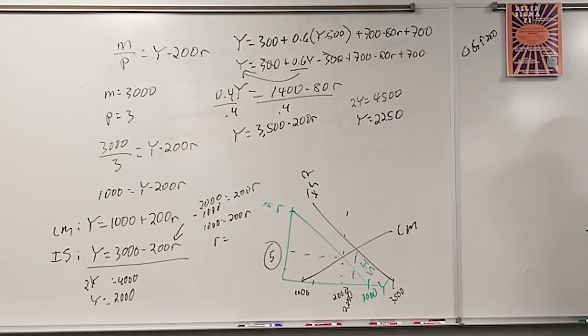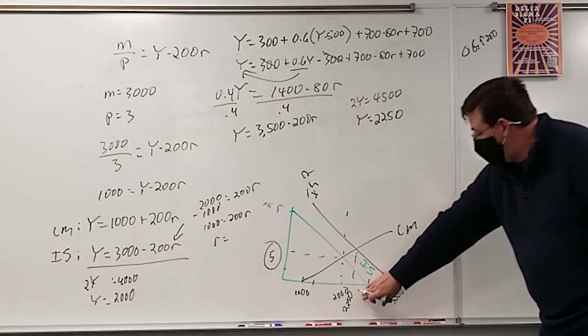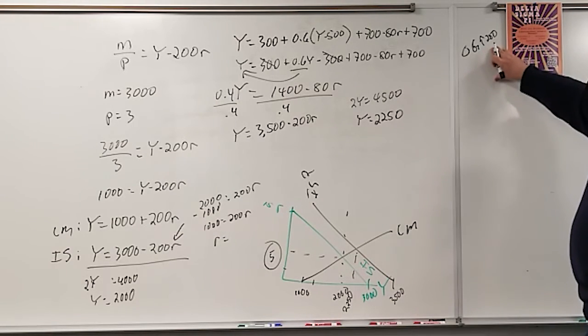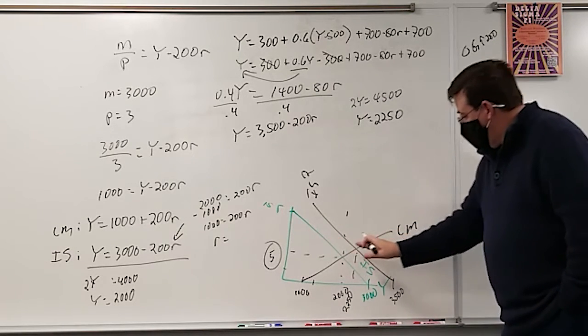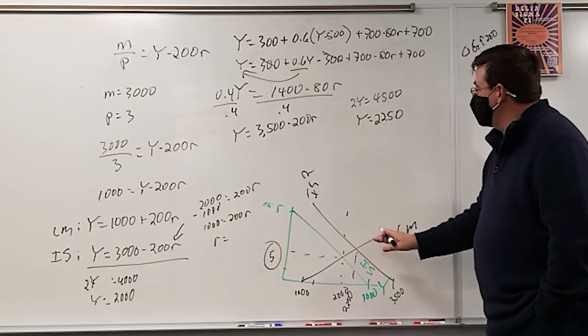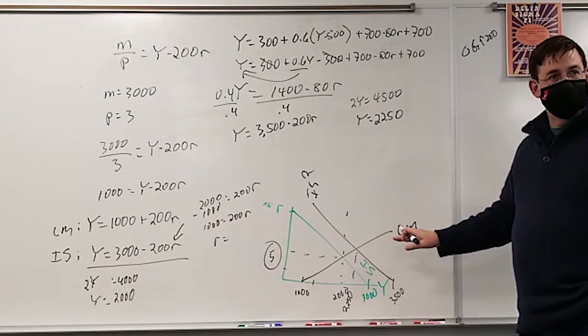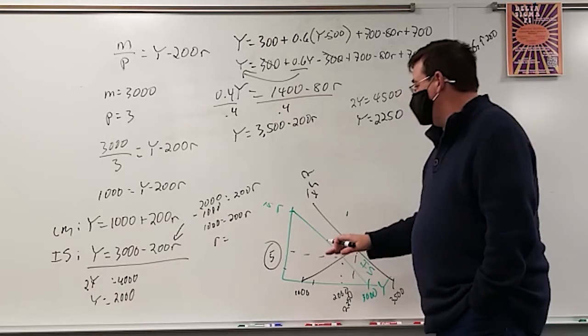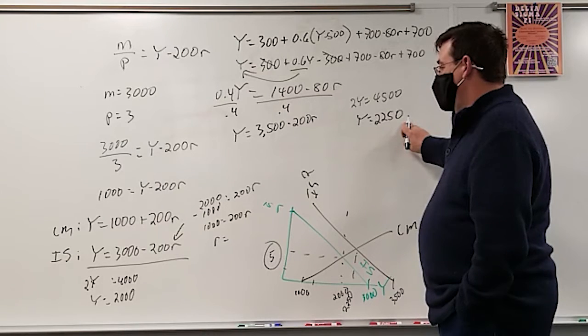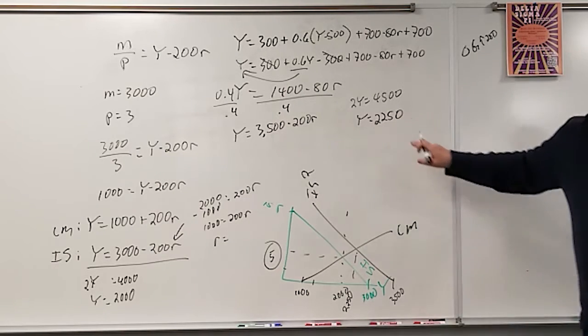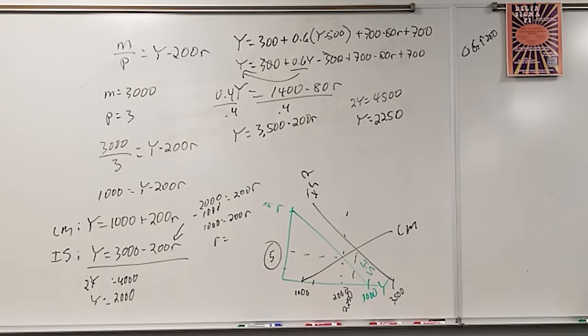Notice, how much does y change? Only 250. It changes by 250, but G only changed by 200, and the shift of the IS curve was actually 500. And the new interest rate would be 1,250 divided by 200. The interest rate goes up to 6.25.